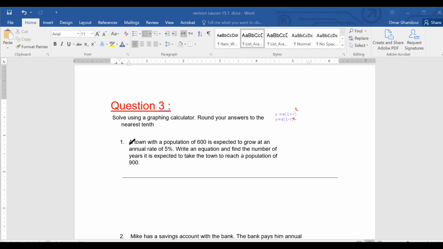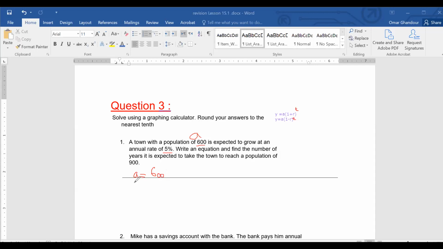Okay, so let's read the question. A town with a population of 600. So 600 is A, your initial value. Is expected to grow at an annual rate of 5%. This is R, right? So I'm extracting information. A is equal to 600.